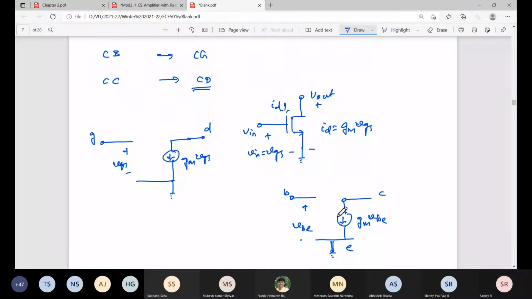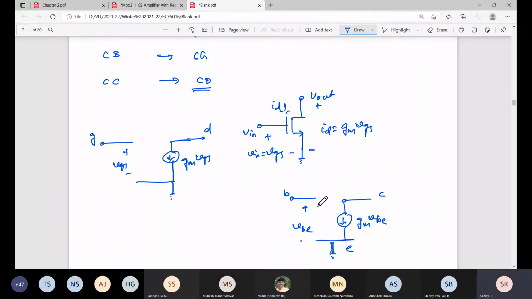In BJT, what additional component will come? Anyone can answer? R pi, the internal resistance. Why is R pi there? Because the input resistance is not infinite. In BJT there is always some finite base current.